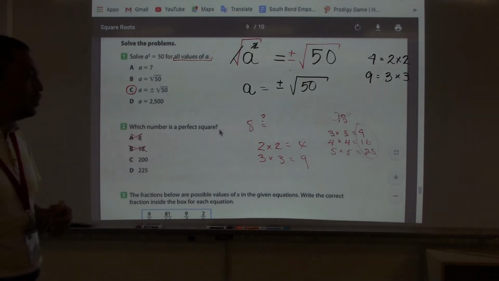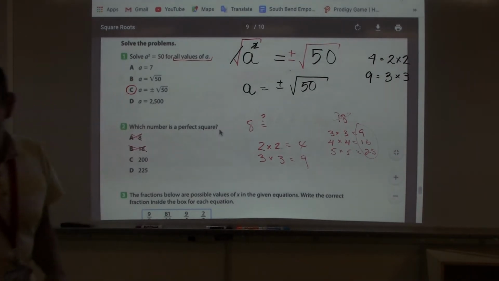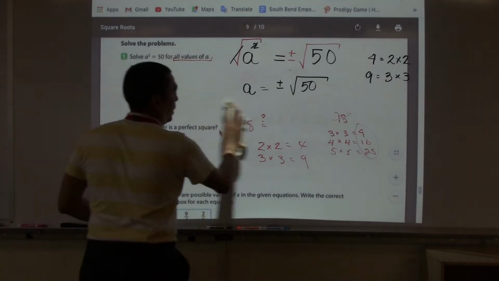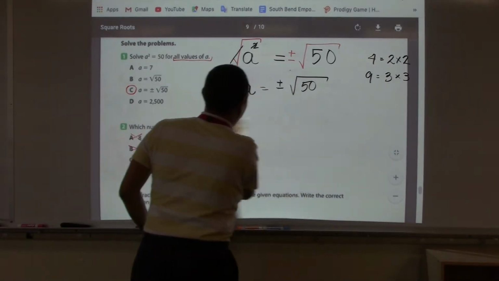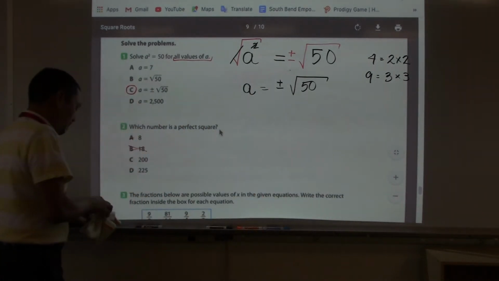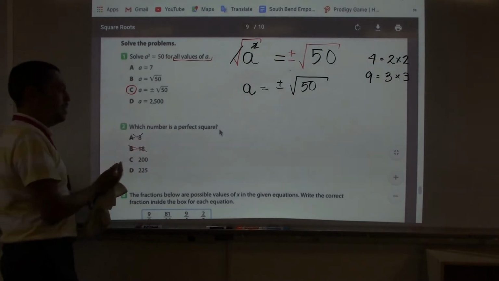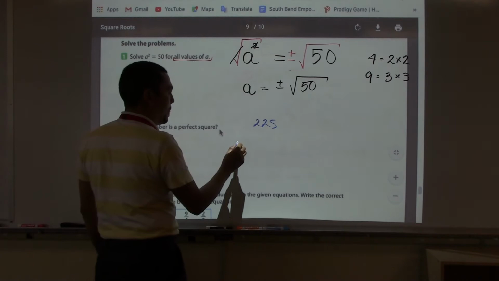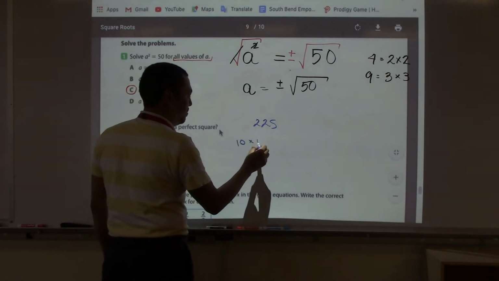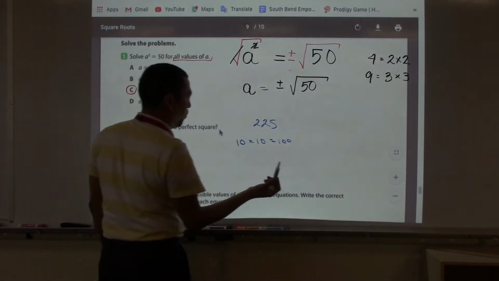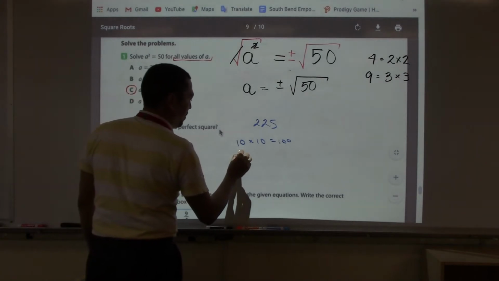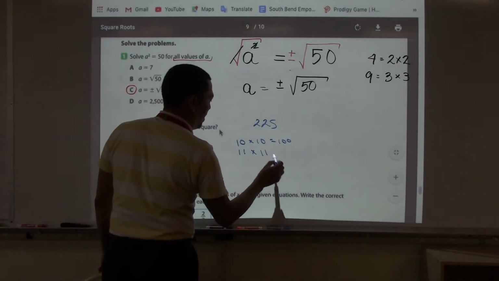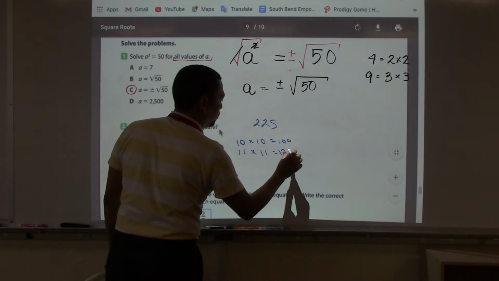What is the next number? Let me erase here. So the next number in this case, we have 100, 200. And if you look at your table, this we said no. So I have 225. So remember you have 10 times 10 is equal to 100. Then we have 11 times 11 equals 121.